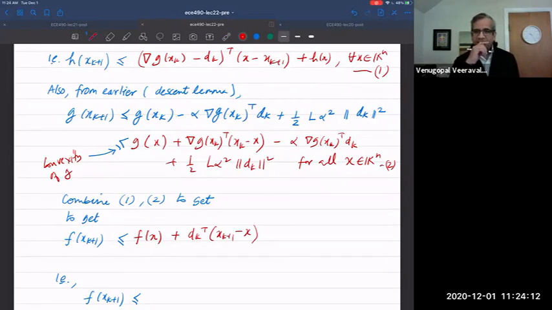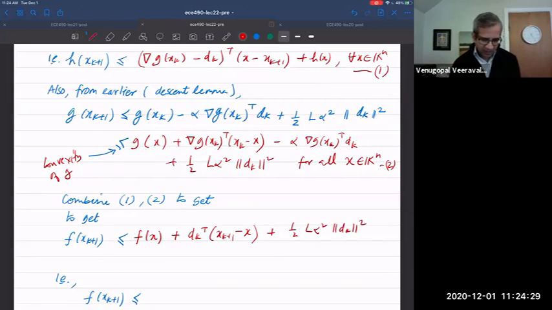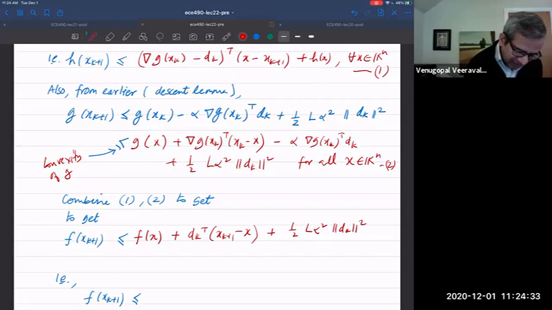And then I'll keep this term here, half L alpha squared dk squared. And then the last term to consider is the term that has the gradient of g of xk.